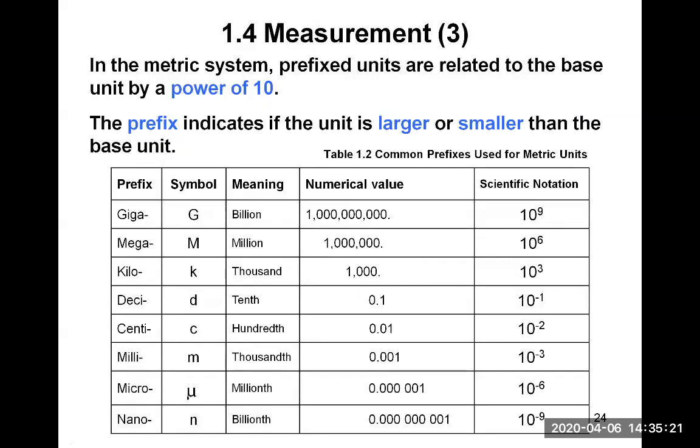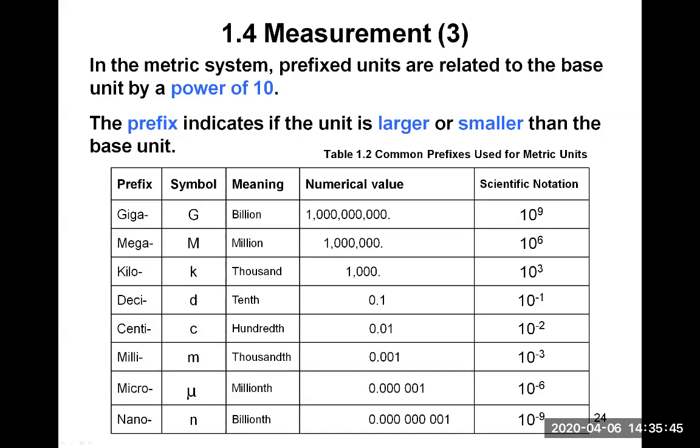In the metric system, prefixed units are related to the base unit by a power of 10. So using prefixes, the metric system has many different kinds of units that are related to each other by powers of 10.